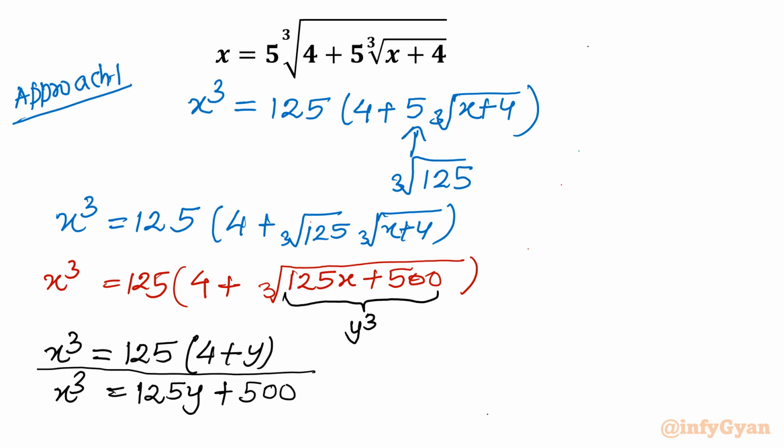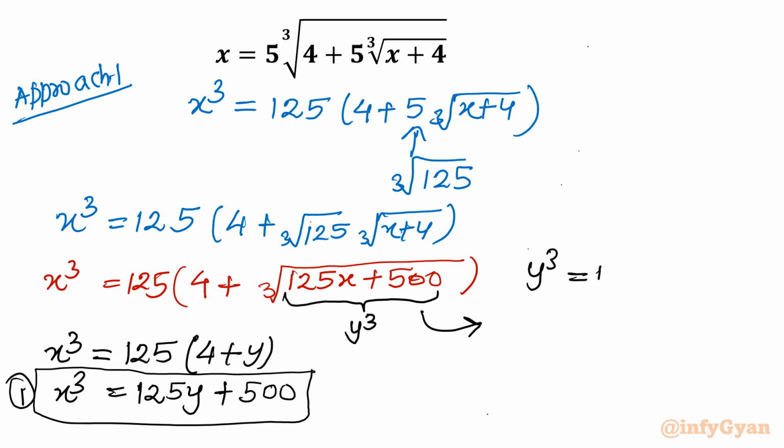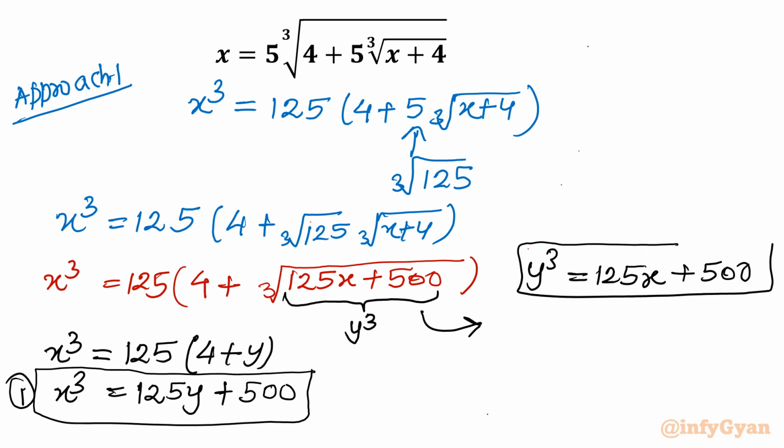Let me call this my equation number 1. Now I will use our substitution equation, so it is y cube is equal to 125x plus 500. Let me call this my equation number 2.